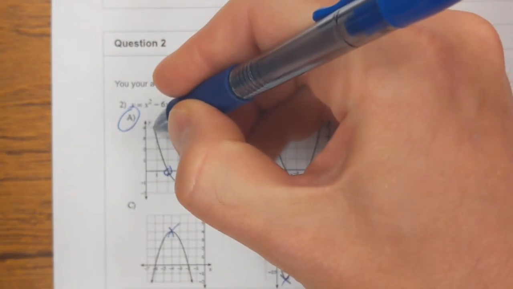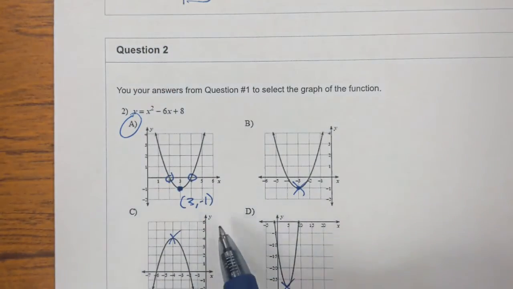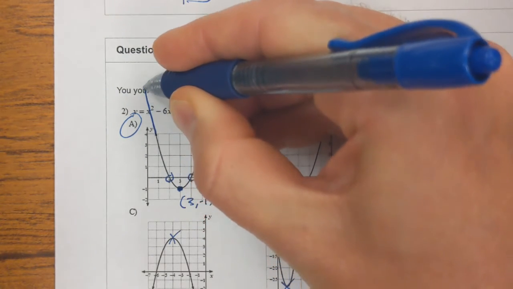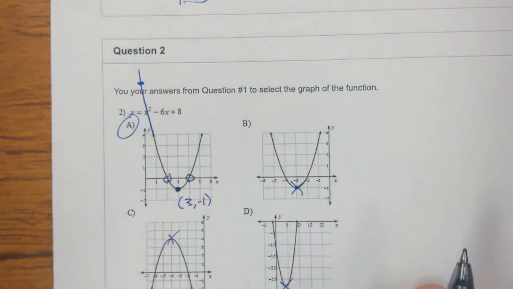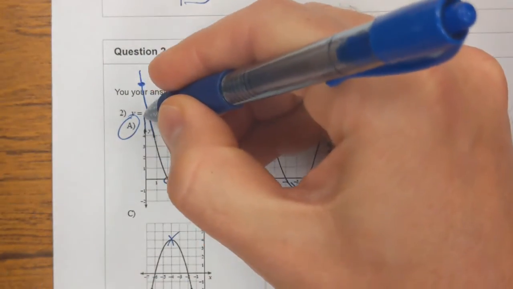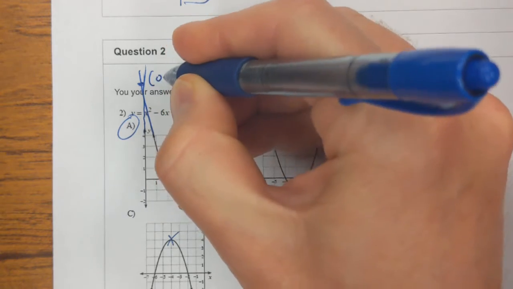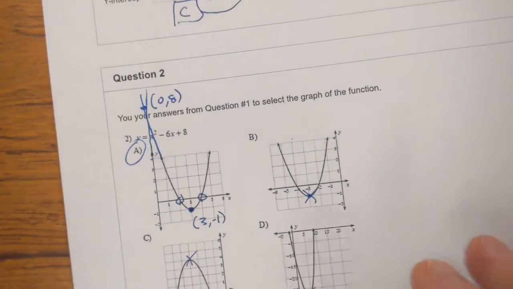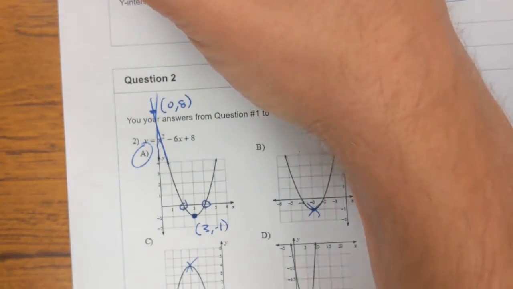So here's where my graph kind of dead ends. You can't really actually see this y-intercept in this particular example, but if this graph were to continue upwards, I promise you it would cross our y-axis at 0, 8. So the y-intercept of a graph, let me go back to my little drawing here.